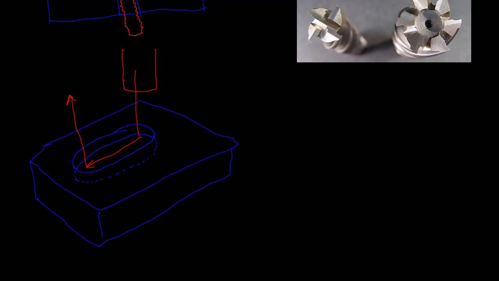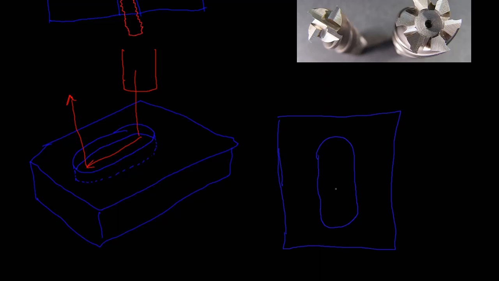So another option that you could do if you're doing a pocket, and in this case the pocket is a slot, I'll draw a top view of this part here. Here's the pocket feature that you want.